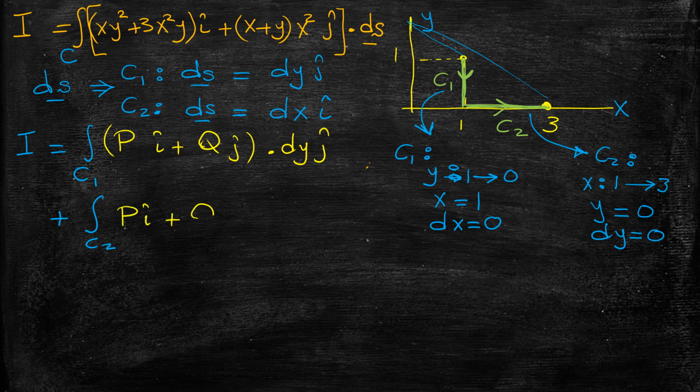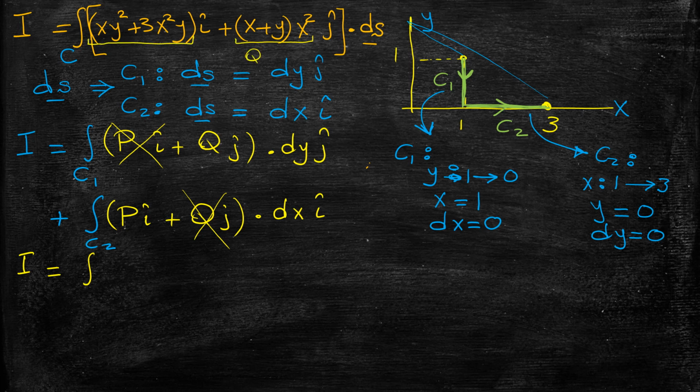And I repeat again, along C2 it's nothing but dx i. So when we do this dot product, this term will be cancelled, the other one here will be cancelled, and we will end up with Q dy, where Q is this term and P is this term, taking into consideration that along this line your x equal to 1, which is very special to this line. And here, taking into consideration that your y equal to 0.